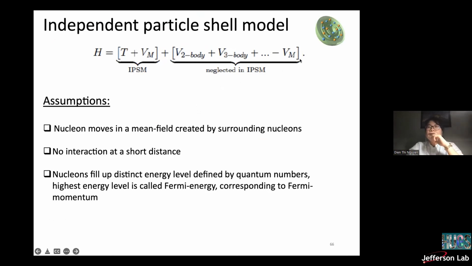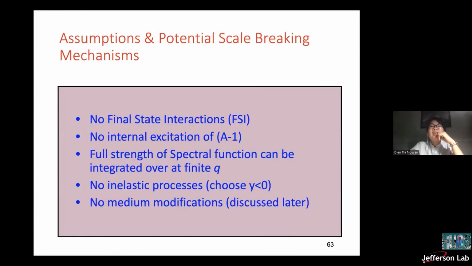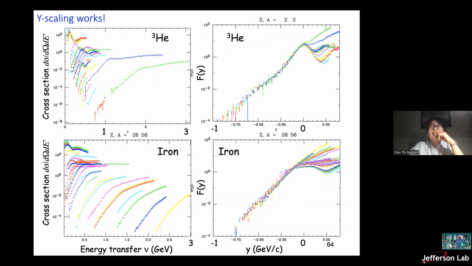Sorry, I just had a quick question. This is going back to where you had those graphs of F(y) plotted against y. Sorry if this is a naive question, but what would be the physical significance of a negative y? Because y was related to the momentum of the nucleon parallel to the momentum transfer, but would a negative y mean that you hit the nucleon and it bounced back towards the direction of the incoming particle?